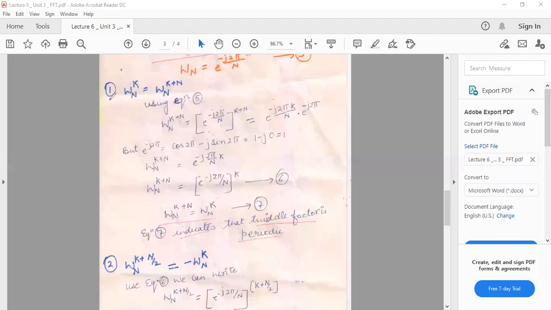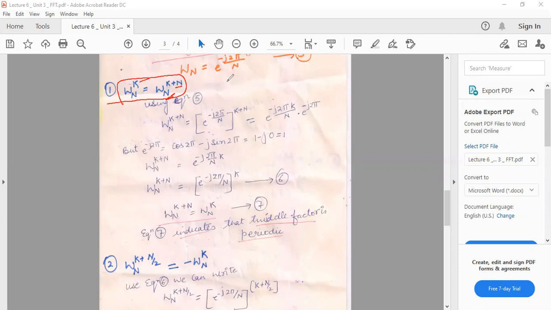In the first case, we are checking whether this twiddle factor is periodic or not. Let us take the twiddle factor raised to the power k, and after N points, because we are computing an N-point DFT, check whether it repeats itself or not.